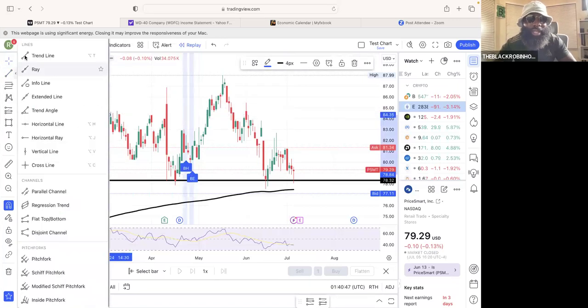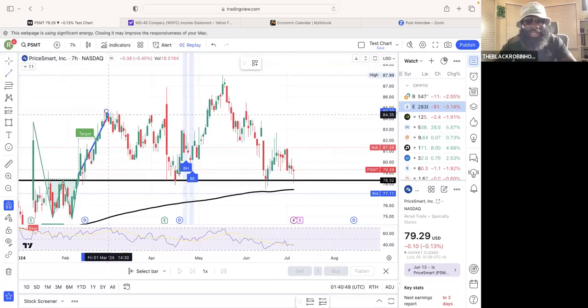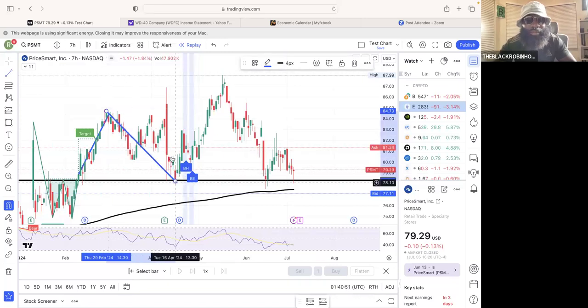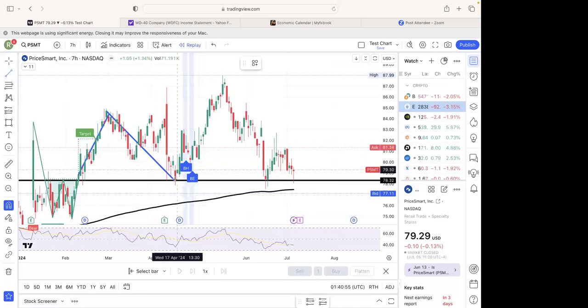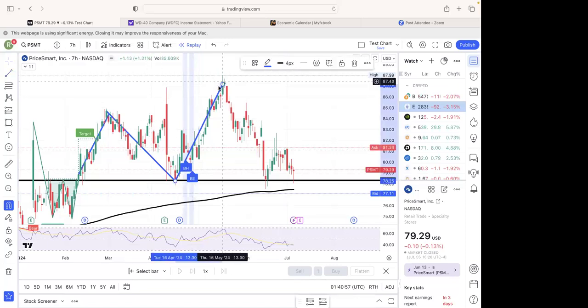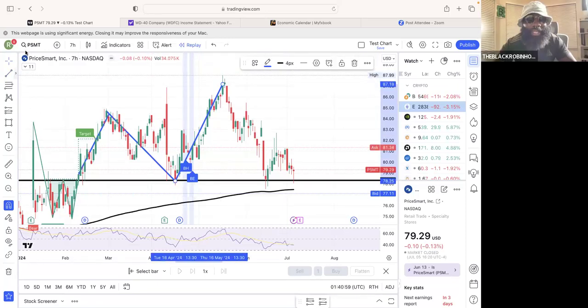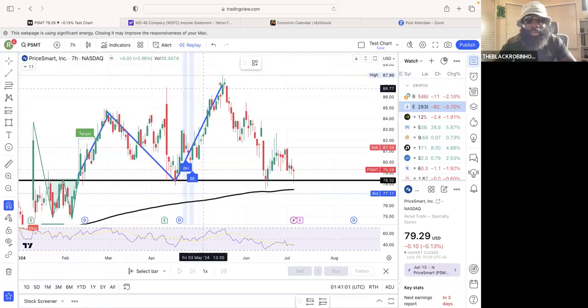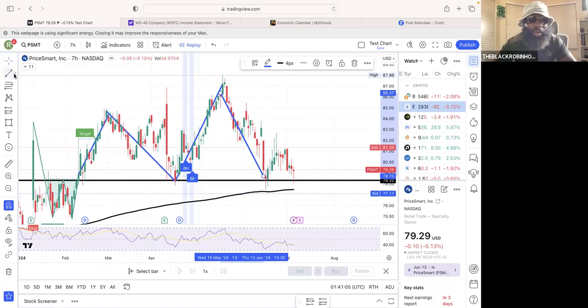Look, break. This was the first break. Retest. The level held. Pop. Came back down. Came back home. Level held. Tried to go up.